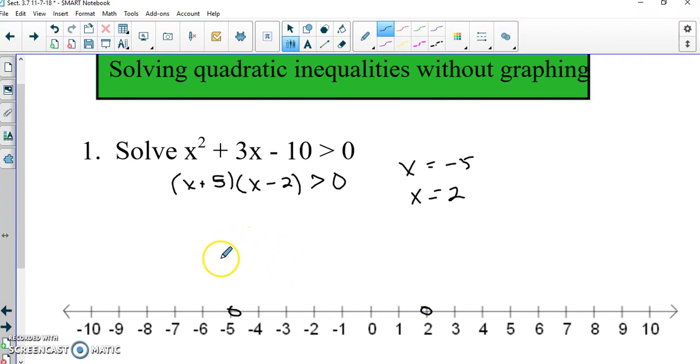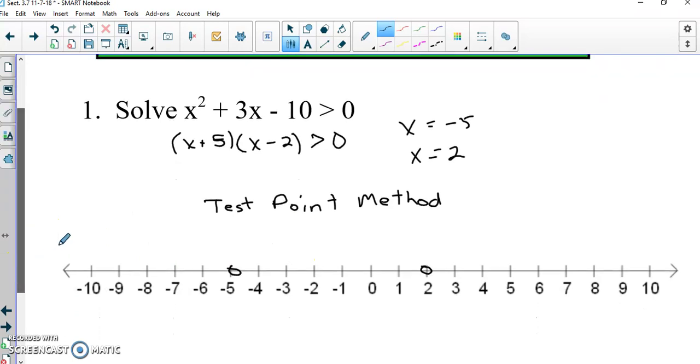All right, this is going to be called the test point method. We want to know what points will make this greater than 0. Well, we know where it equals 0. So in between those points, to the left and in between and to the right, it has to be either greater than 0 or less than 0. So we're going to pick test points, and we are going to test them.